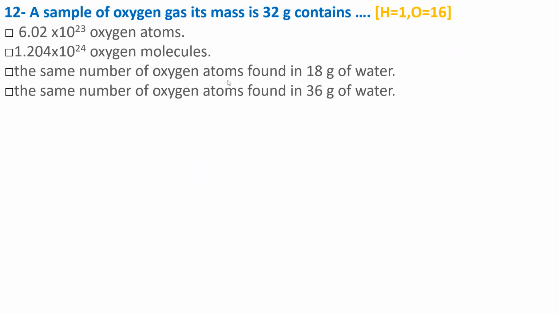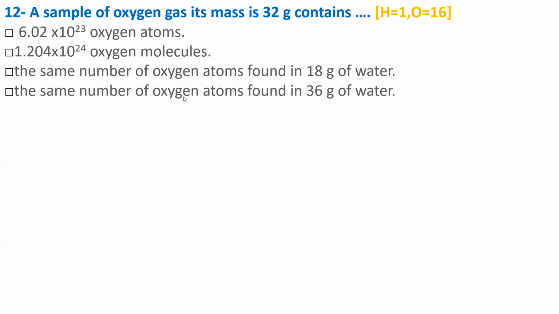The same number of oxygen atoms is found in 18 of water. Oxygen atoms in 18 of water is half a mole, as the number of oxygen atoms is 1 in 18 water.